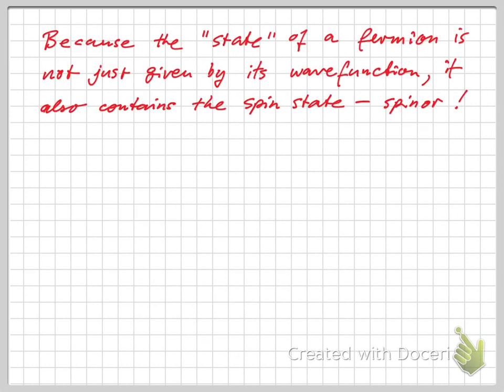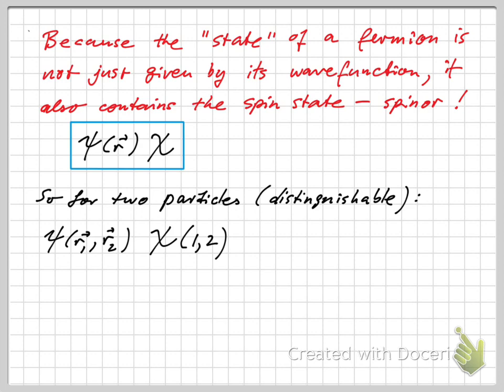So here's what I already mentioned: the state of fermions is not just given by the spatial wave function. It also contains the spinor, the spin state. Then really we have a combined description of the total wave function of a fermion with spin, and for two particles, the two-particle wave function would be given by something like this.